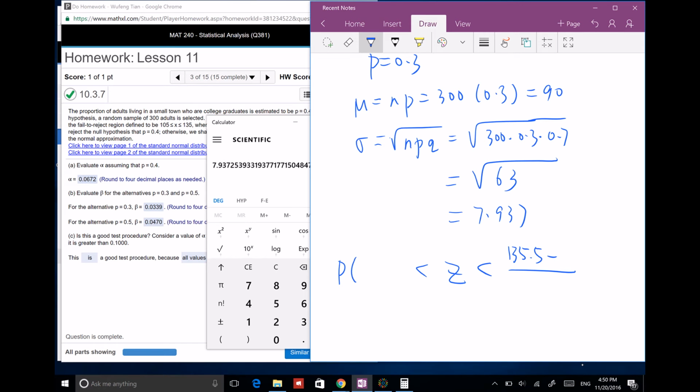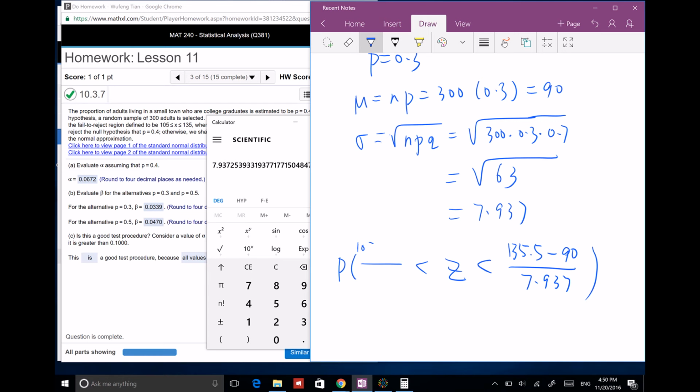135.5 minus mu is 90 over 7.937, less than, bigger than 1.5, 1.4 over 5. I think it's either one, you have to try. I think it's 1.4.5 minus.